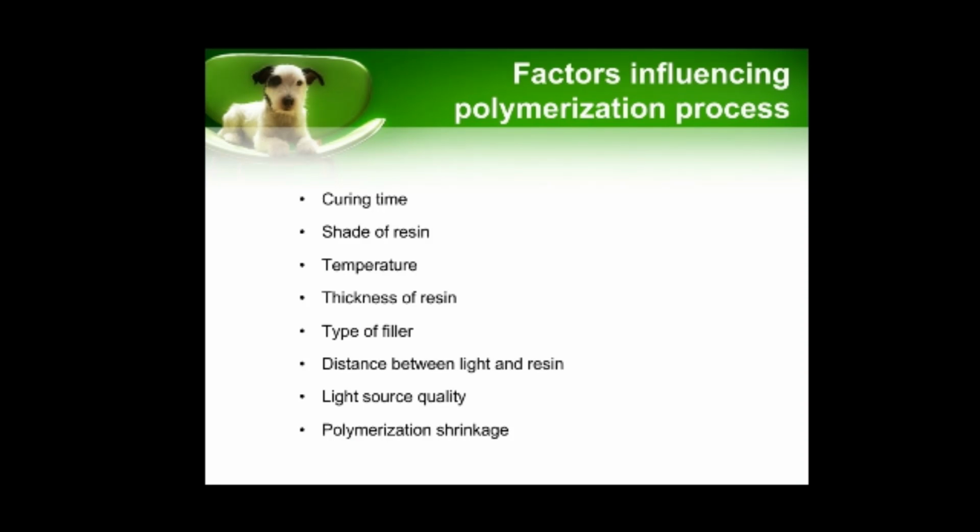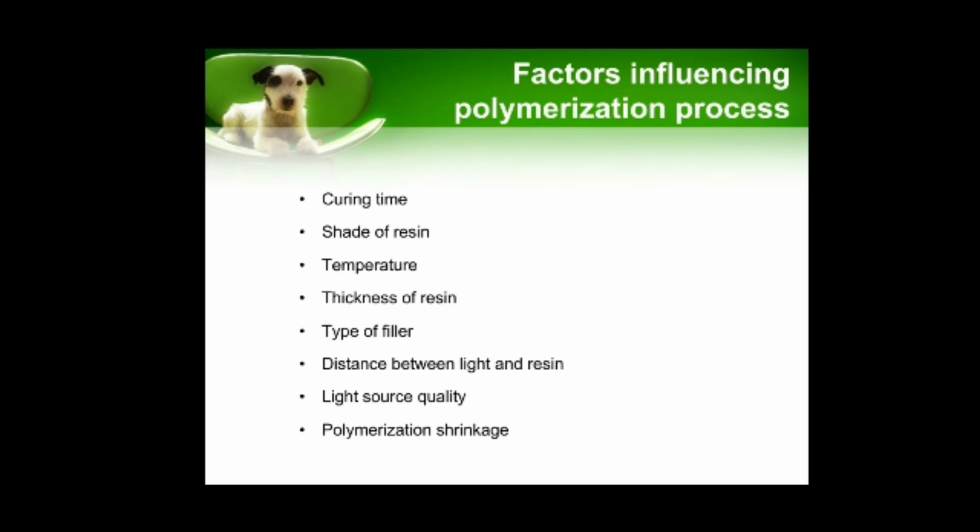The factors influencing the polymerization process are, first, the curing time. It depends upon the resin shade, light intensity, depth of the cavity, thickness of the resins, curing through tooth structure and the composite filling. The shade of the resin, which includes the darker composite, will cure more slowly and less deeply when compared to that of the lighter shades.